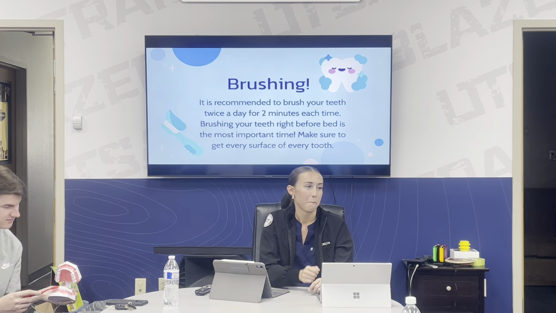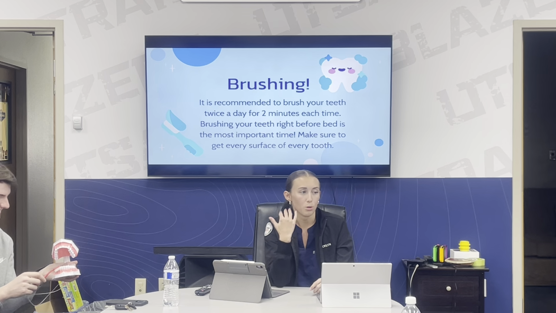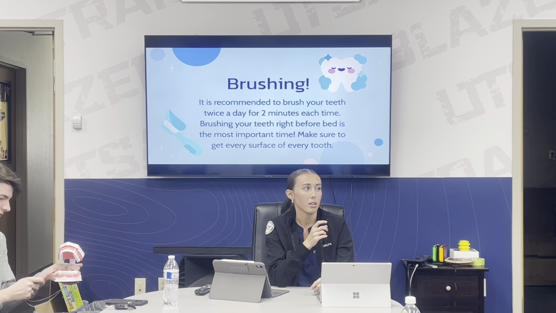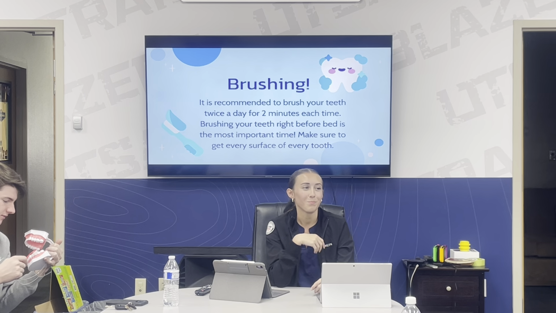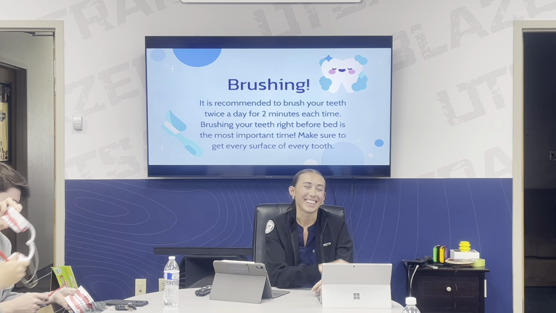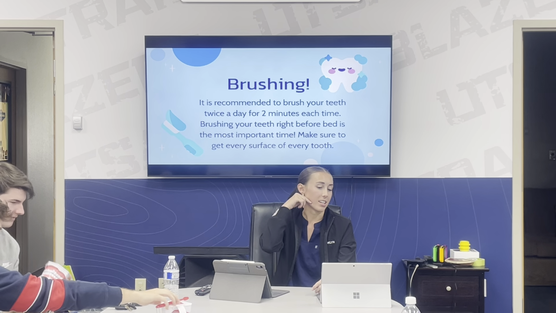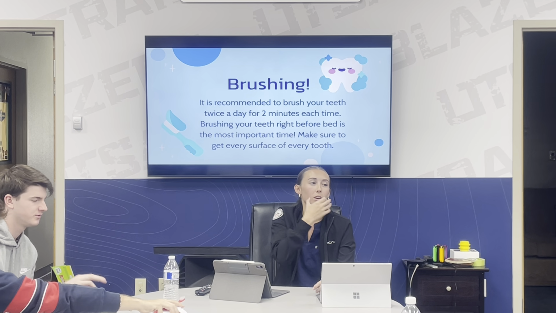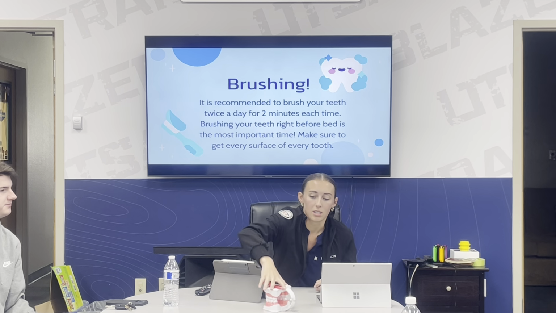How long do you brush for? So if you're brushing for like 2 minutes, my electric toothbrush buzzes every 30 seconds. So I try to do like 30 seconds per quadrant, if that makes sense. So I like to split it up.